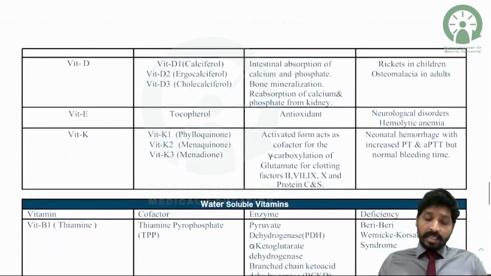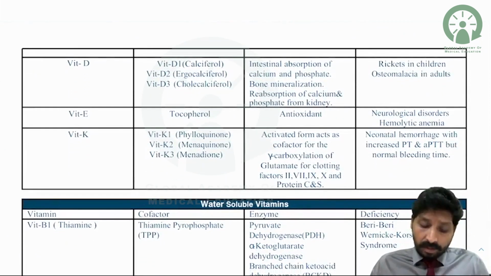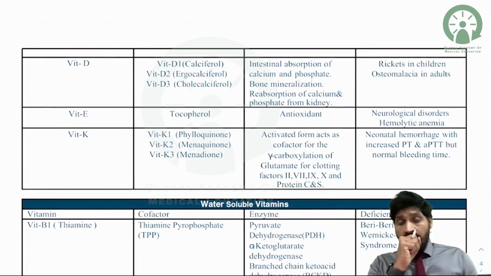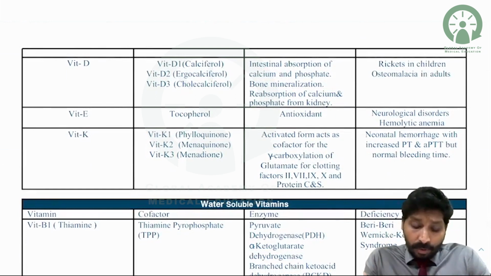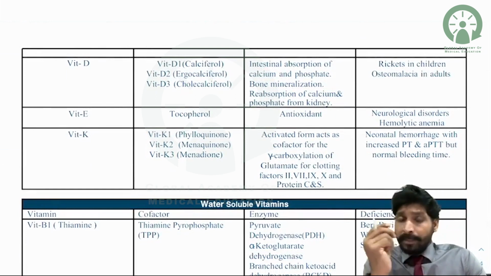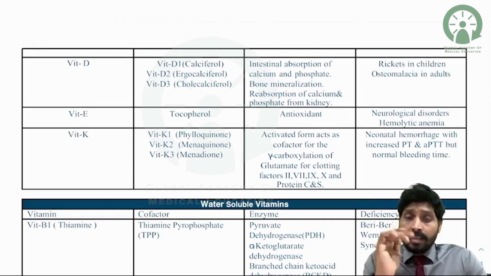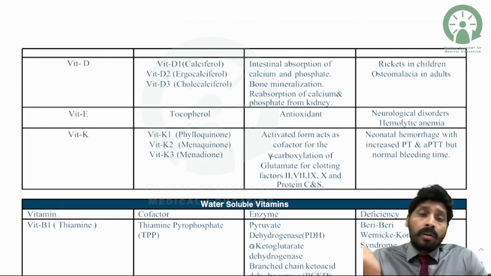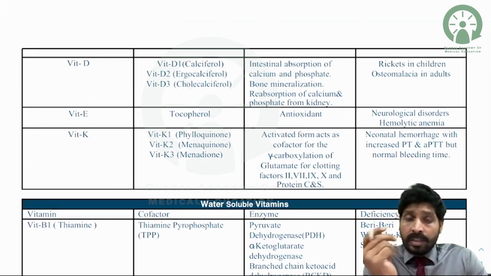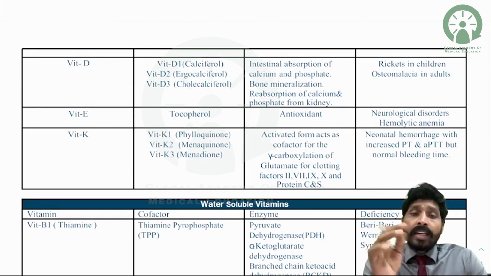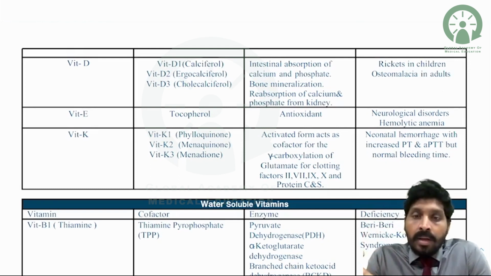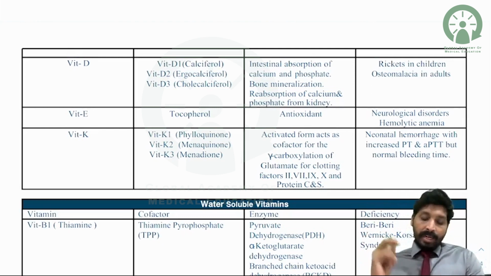Vitamin D has forms: calciferol, ergocalciferol, cholecalciferol, calcidiol, calcitriol. Cholecalciferol, vitamin D3, is obtained from the skin, and has to be transported to the liver to be activated by 25 hydroxylase, and then 1 alpha hydroxylase, which is present in the kidney, makes it active.